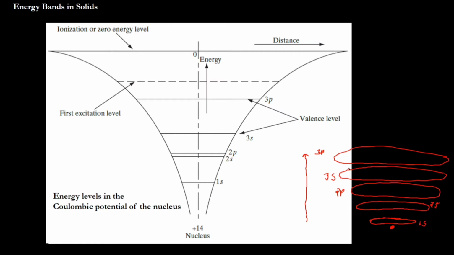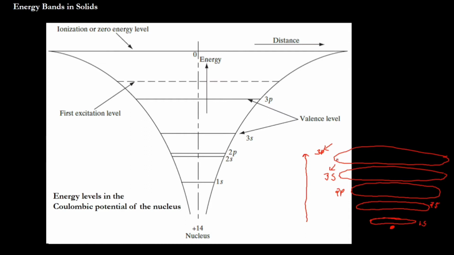The electrons in the 3p orbit have maximum energy, and the electrons in the 3s orbit have slightly less energy than the electrons in the 3p orbit, and so on.